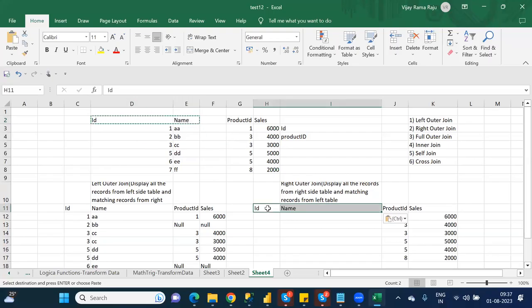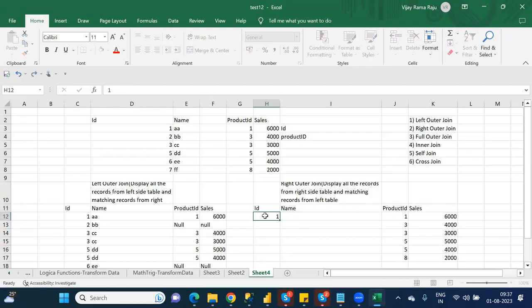Matching records are displayed in the left side table. So for matching records, you need to compare these two columns only. Understand? What are the matching values? One is there? Yes. For one, what name is there here?